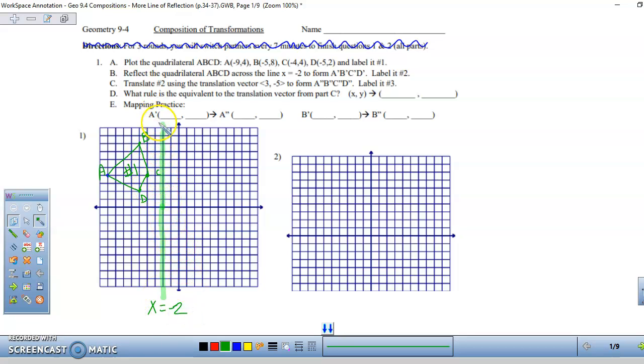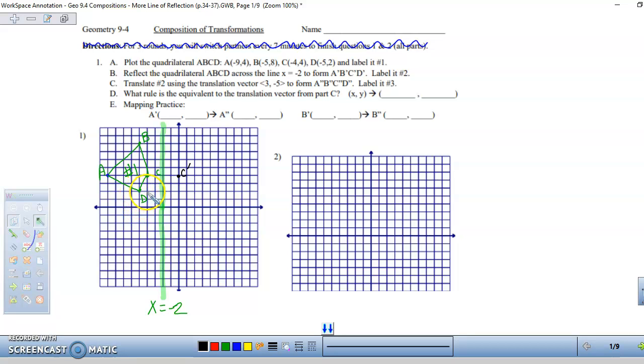All right, so when you have a vertical or a horizontal line, the easiest way to do that is just count the squares to the line and then go the exact number of squares on the other side of the line. So for example, C here would be pretty easy, and I'll do this in black. But C is 2 squares away from the line, so you count 2 squares, and that's where C prime would go.